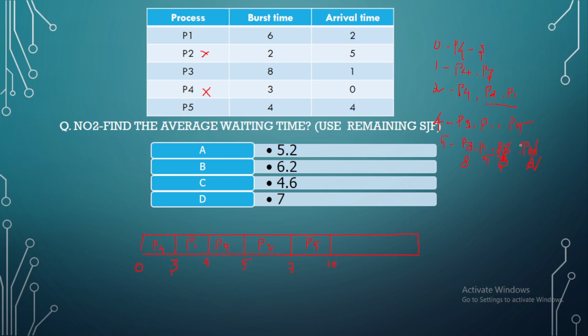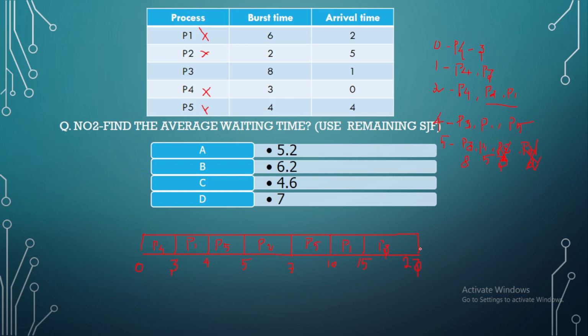Now we have P1 and P3, with P1's remaining execution time of 5 and P3's execution time of 8. The smallest process is P1, and it will run for 5 nanoseconds, so 15. Next, P3 with 8 nanoseconds will run for 8 nanoseconds, so 23.